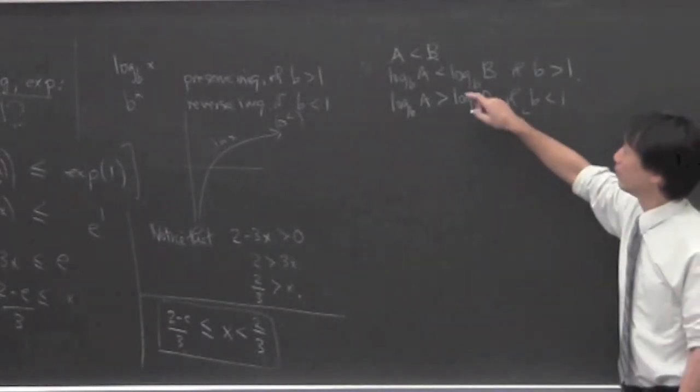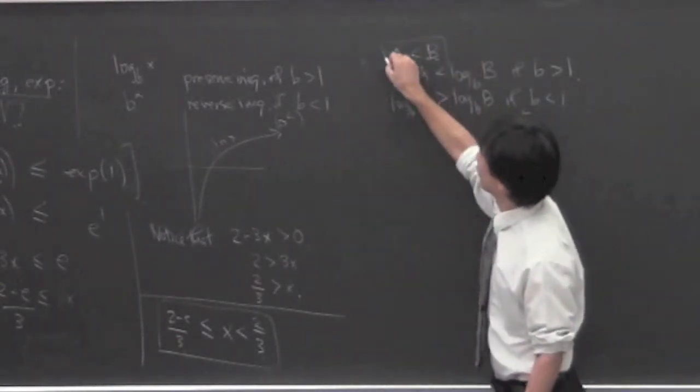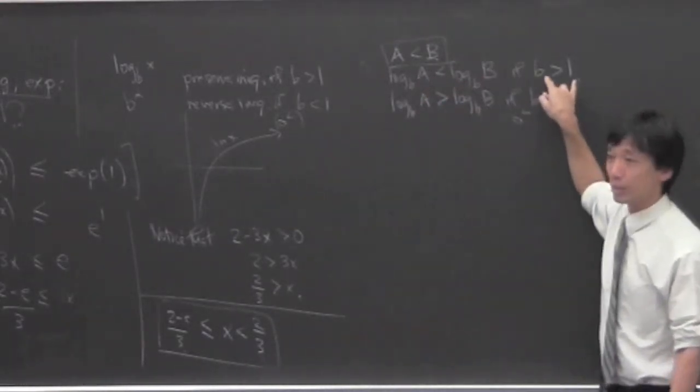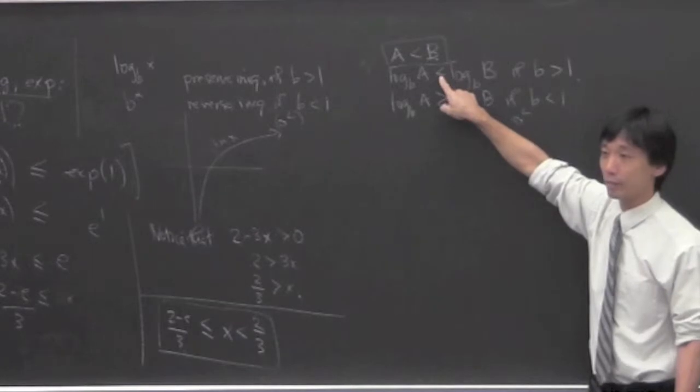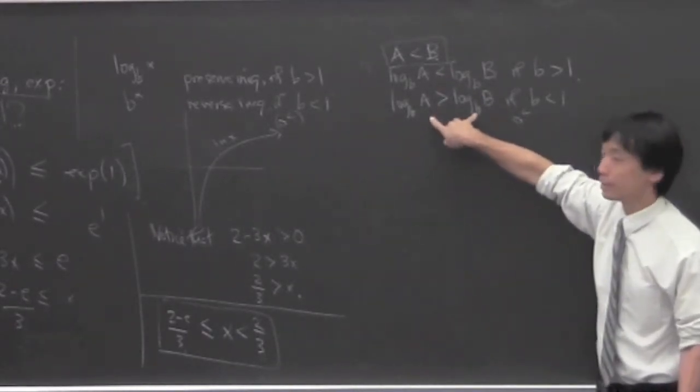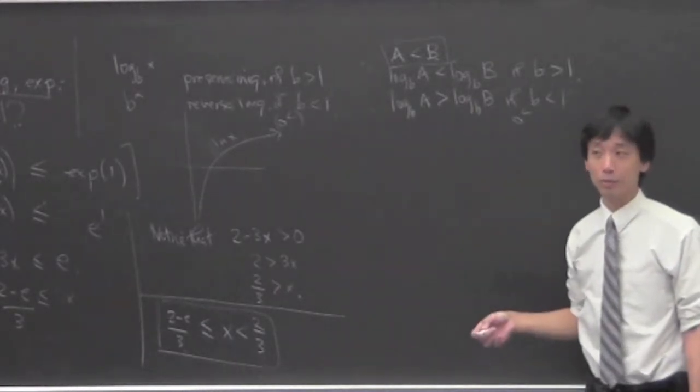That's what I mean if you start off with an inequality and hit both sides with the log function. If the base is bigger than 1, then the inequality doesn't reverse. If the base is less than 1, then the inequality does reverse.